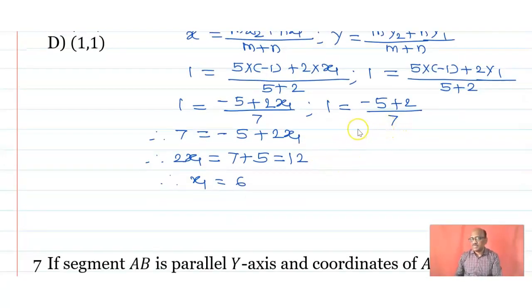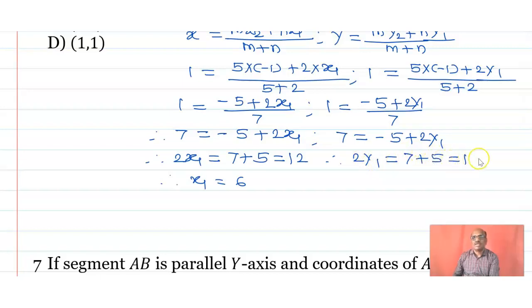इकडेही आपण चेक करूया. इथे आपल्याला y1 पाहिजे. ओके, and तिथे देखील आपल्याला तेच मिळतंय का, that is here is again 7 is equals to -5 plus 2y1 and therefore again 2y1 is equals to 7 plus 5 and that is equals to 12 and therefore y1 is equals to 12 upon 2.